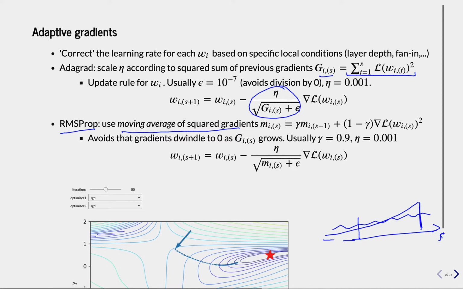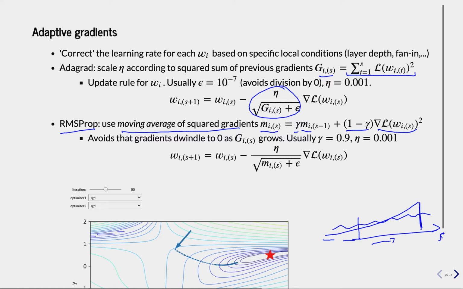It's kind of an exponential moving average over all the observed gradients. So formulaically, it means that our correction m_i is our previous correction m_i times a factor of gamma plus 1 minus gamma times the currently observed gradient.